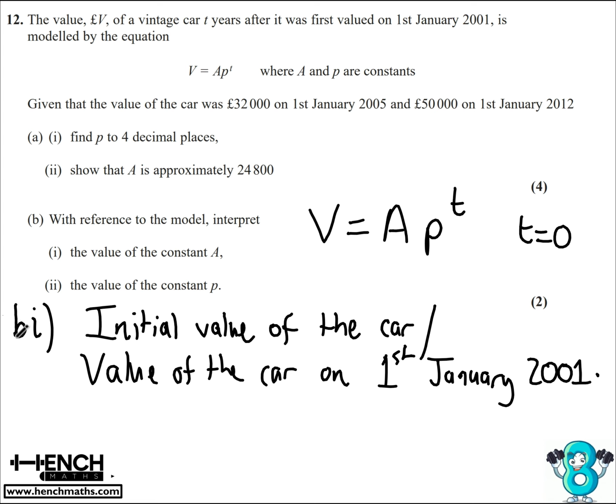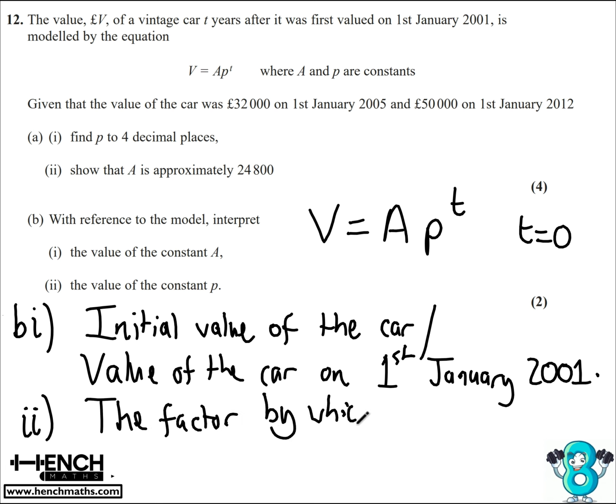So part B, II, we need to interpret the value of the constant P. P is effectively your multiplier. Each time T goes up by 1, we're multiplying by P. So what we can say is it's the factor by which the value rises each year.